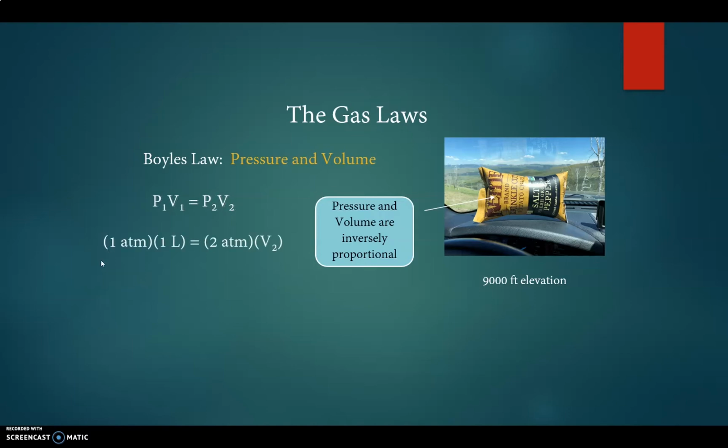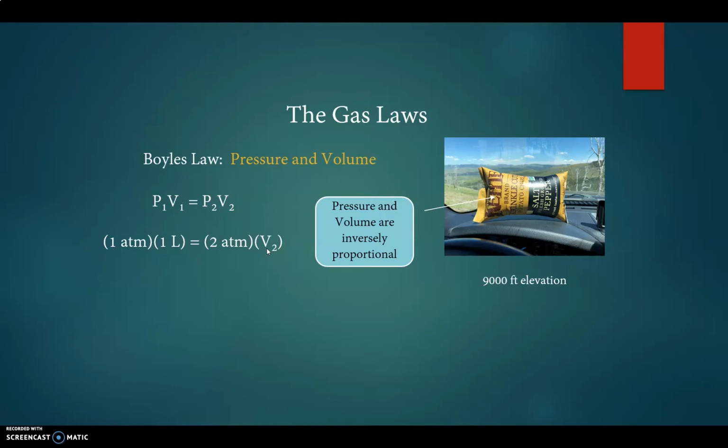So let's suppose that we started out here at sea level in Stockton with a pressure of 1 atmosphere, and there was 1 liter of air inside the potato chip bag. Now, if we went somewhere where the pressure was greater and the pressure doubled to 2 atmospheres, well, if the properties are inversely proportional, then an increase in the pressure should result in a decrease in the volume.